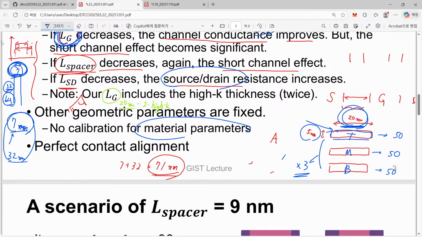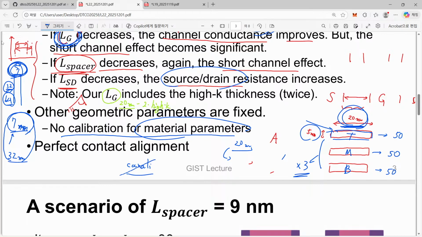And here let me just come back to this line: no calibration for material parameters. What does it mean? If we go to a really short channel device, already like 20 nanometer is quite short, or even shorter, then among our physical models, the mobility models, especially the one named Canali, corresponding to the velocity saturation, actually fails.